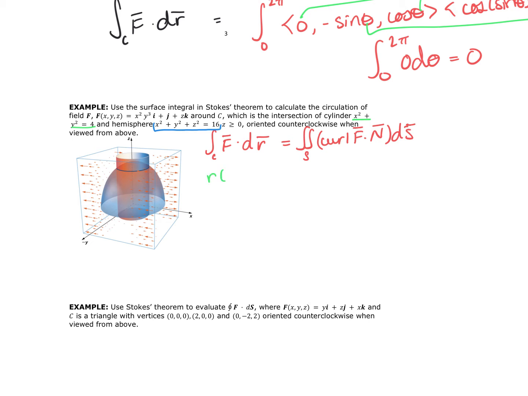So I'm going to have R of theta and phi, which is going to be equal to my radius, or my rho, which is 4.